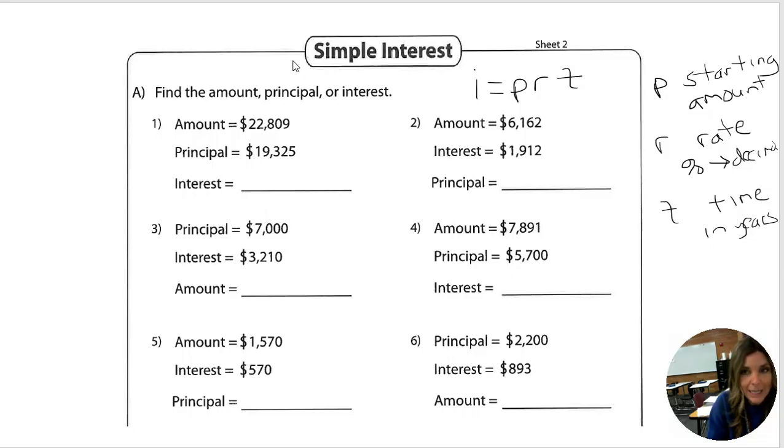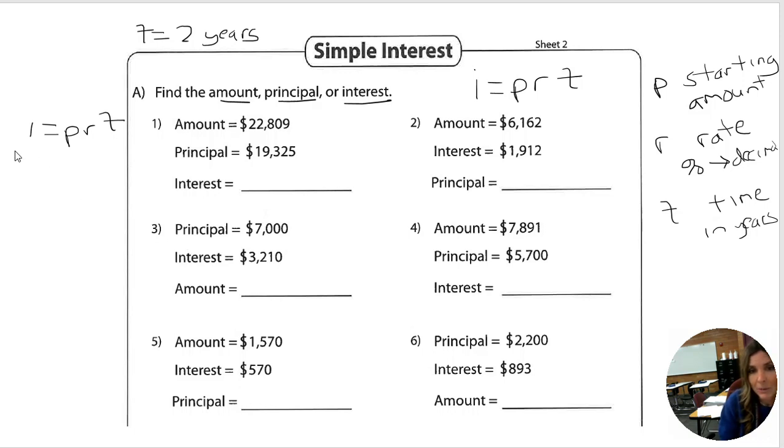So let's go ahead and look at this next part. It says find the amount, principal, or interest. And for all of these, we are going to say that the time in years is 2. So for all of these, we're going to use that the T is 2 years. So what we do is we take our formula for number 1, we're going to say interest equals principal times rate times time.